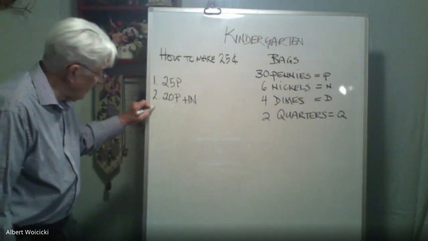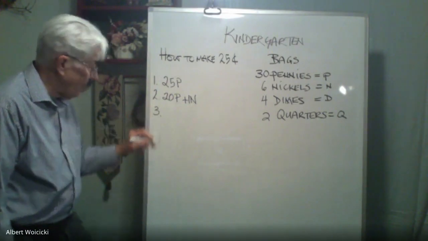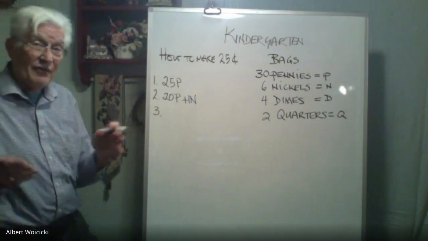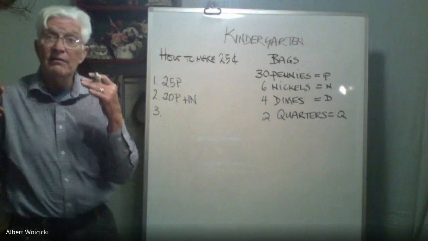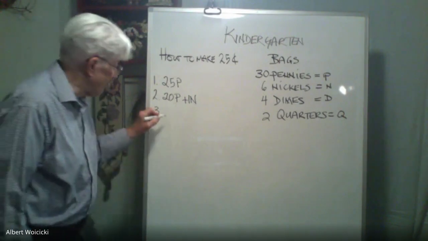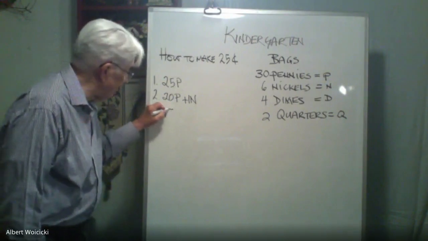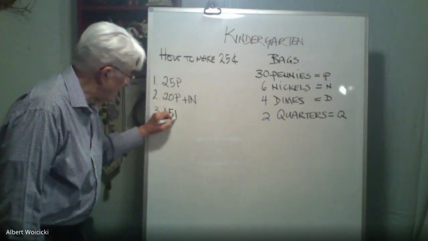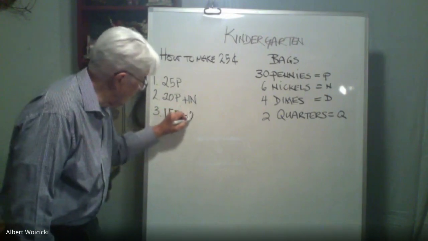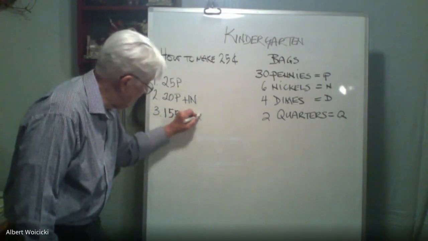Now, what's another way of doing this? Well, again, we're going to have to reduce the number of pennies, and we have to reduce it by 5s. The next one's going to be 15 pennies, and we could have 2 nickels.